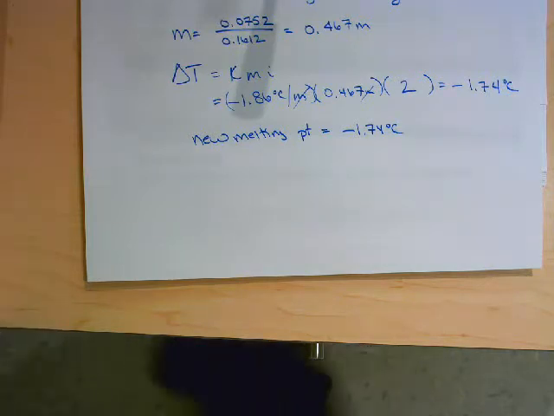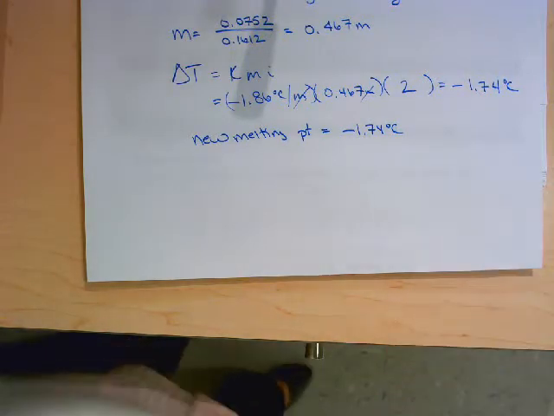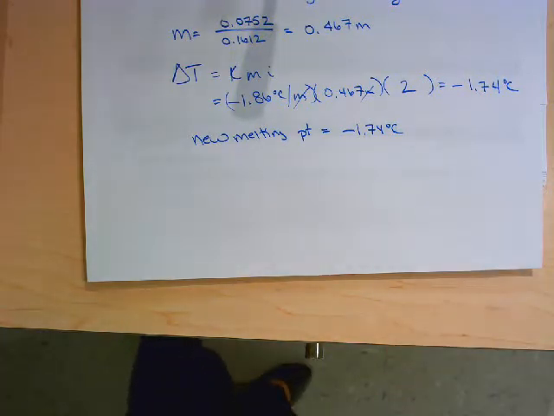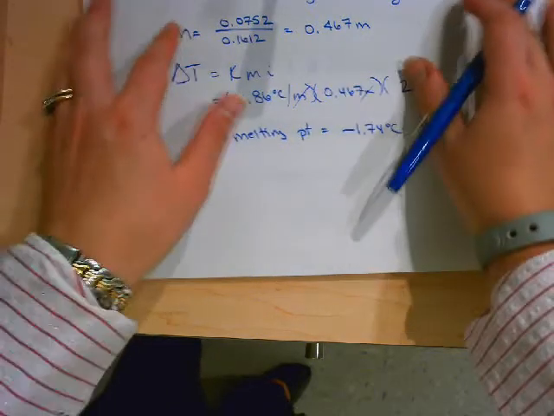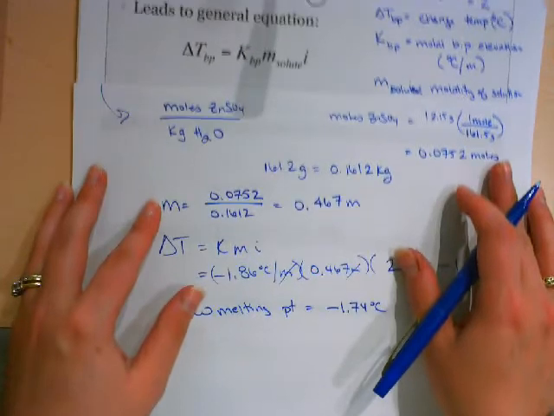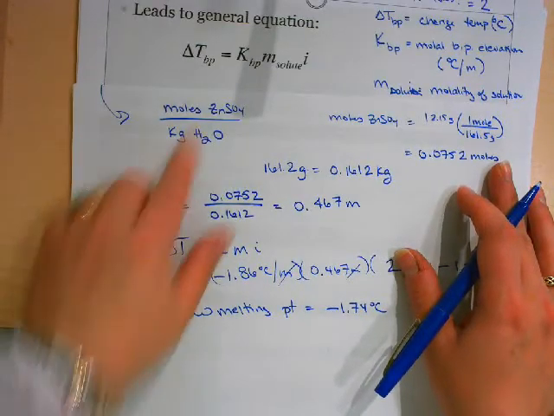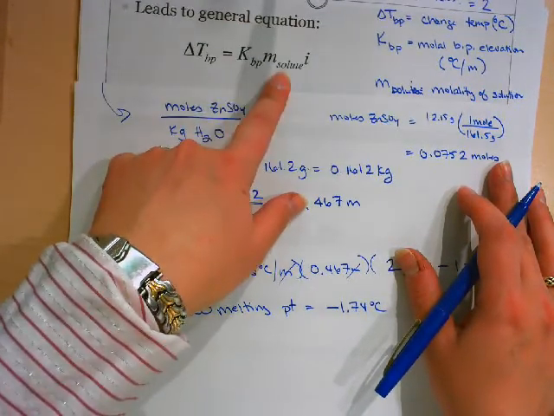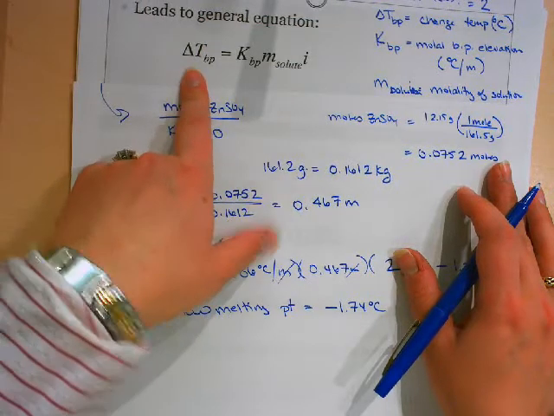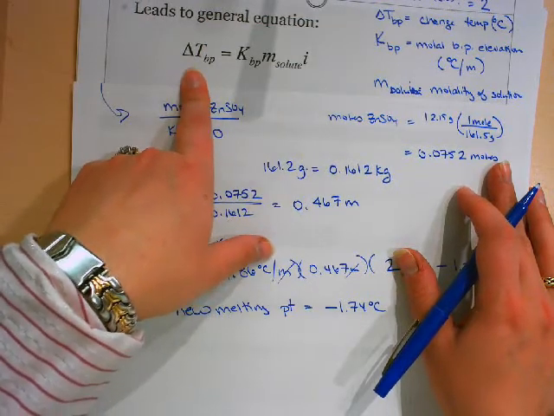Was this an example of boiling point elevation or freezing point depression, if I was talking about melting point? Freezing point, right? This is a freezing point depression example. But you use the same equation as for boiling point elevation. It's just saying, based on your new molality, how much will the temperature change in one direction or the other?